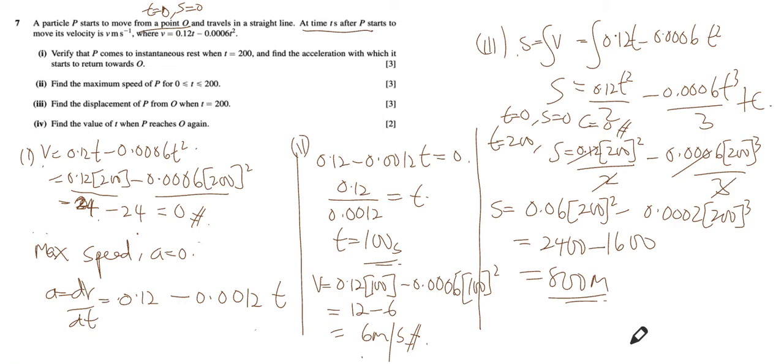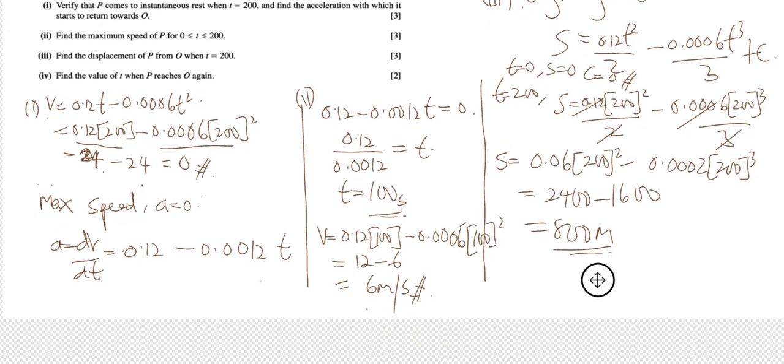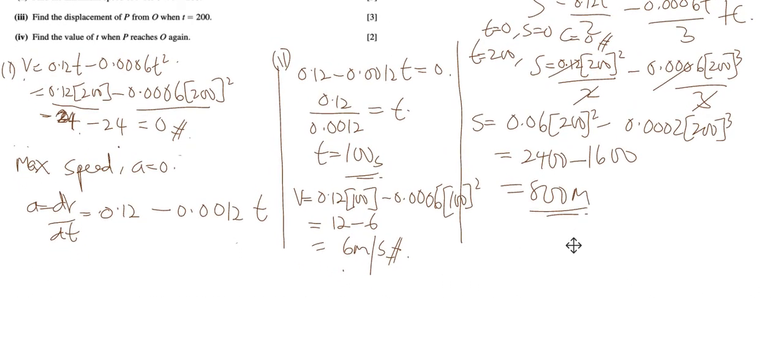Finally, last but not least, find the value of t when P reaches O again. When P reaches O again, S equals 0. Basically there's no displacement. You go forward and then come back to the point where you started, so S equals 0.